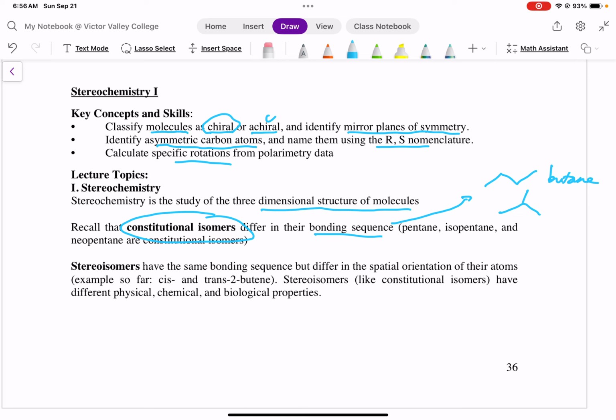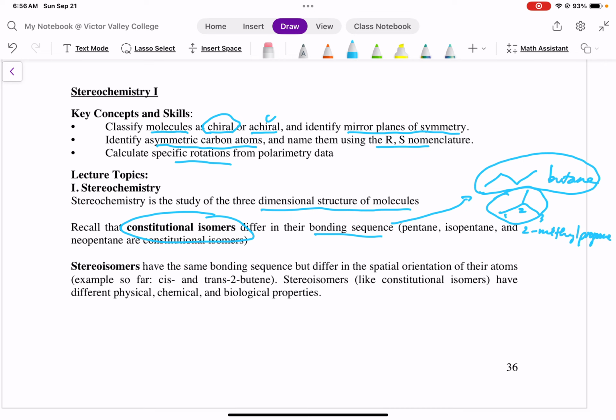That's structural isomers. It's not butane anymore. You can call it a 2-methylpropane.